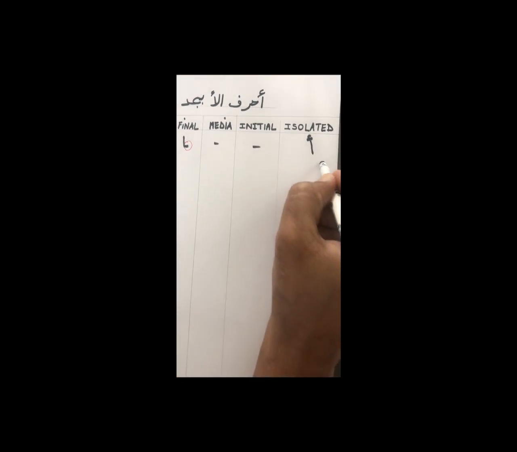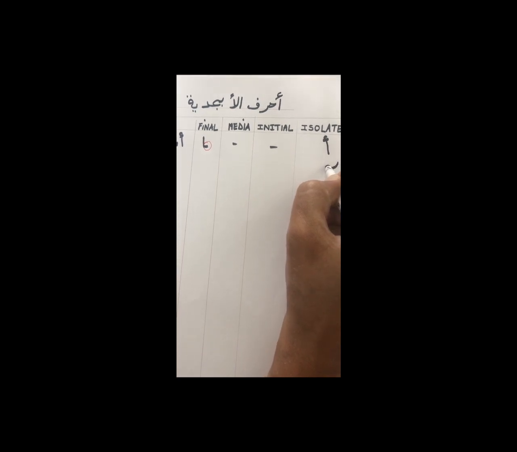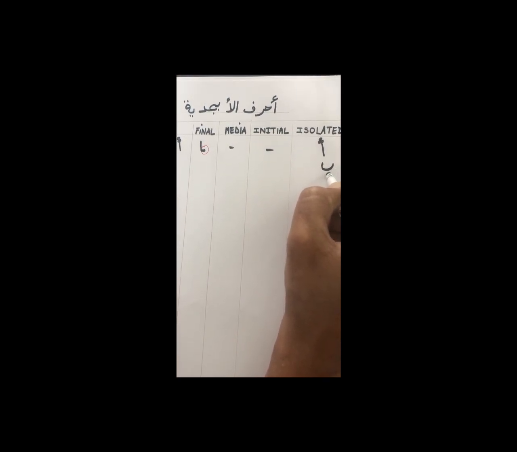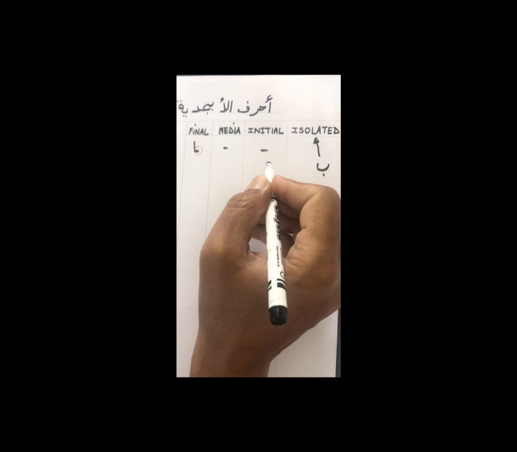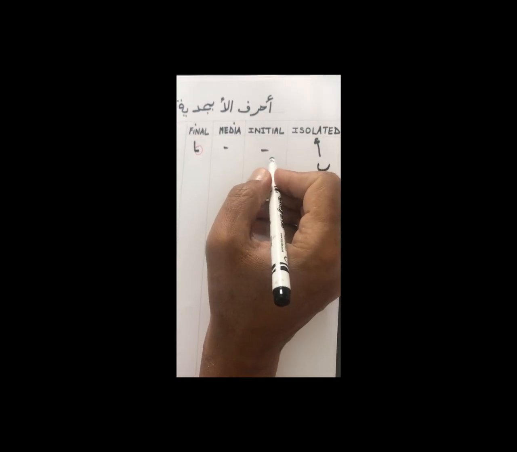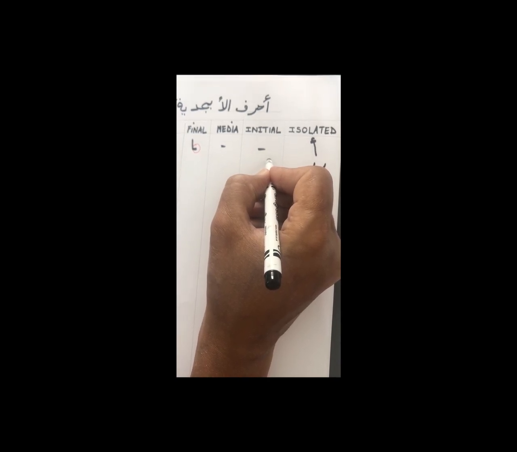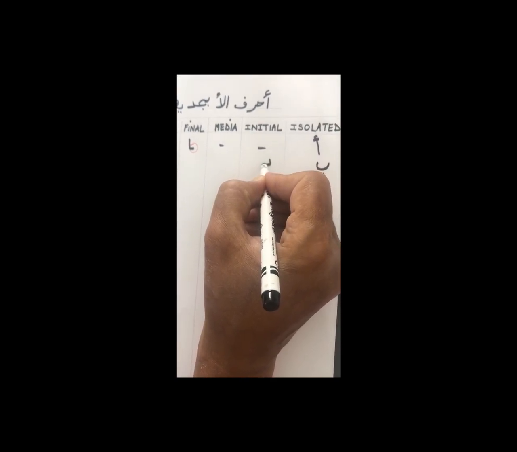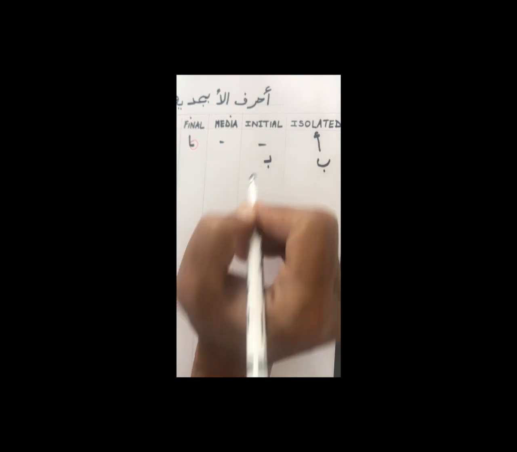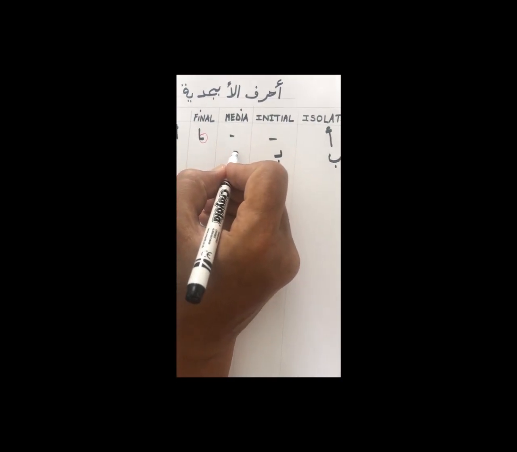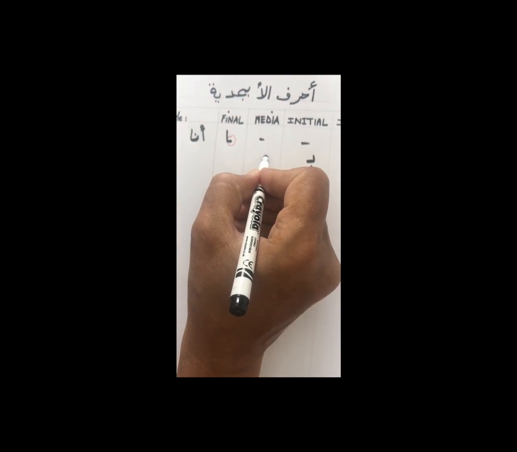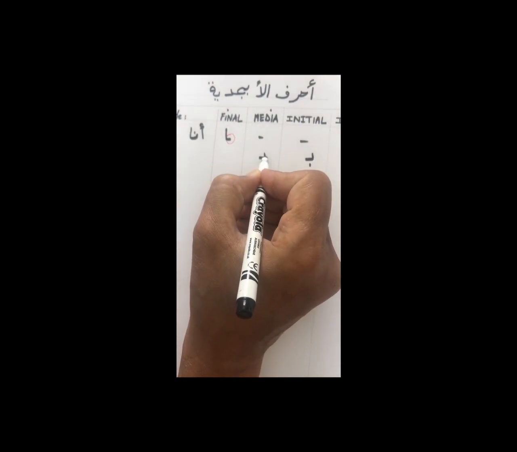B: you bring it like a boat, you turn it like a smile, a nice smile. B in the initial position, how you write it at the beginning: you just turn it into a little curve, and you put a dot under it, and that's a B. As a medial, you write it the same way, but with a little liaison.